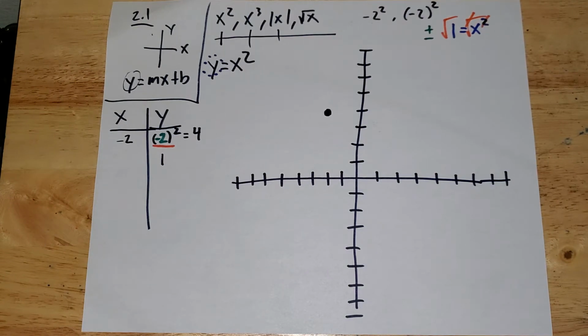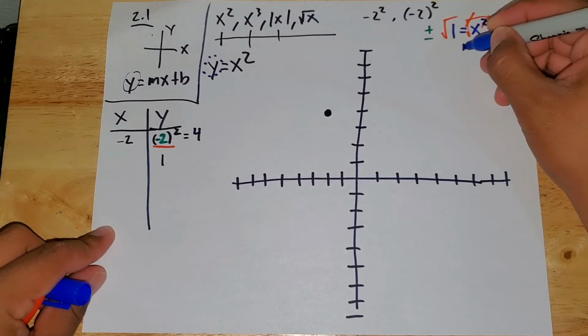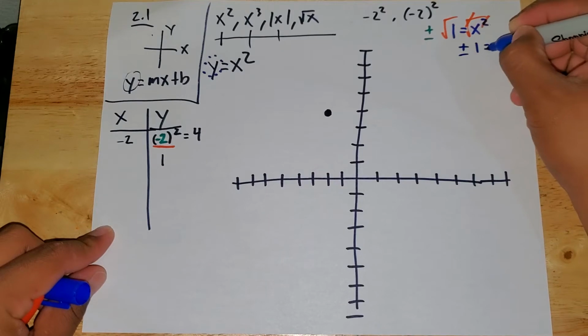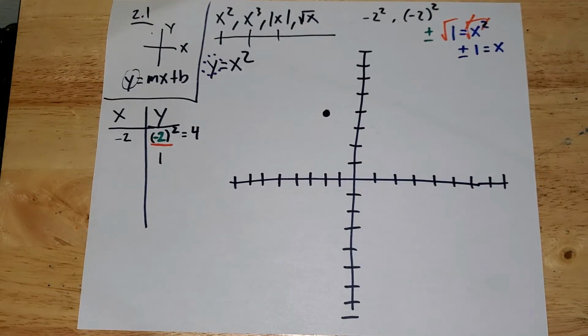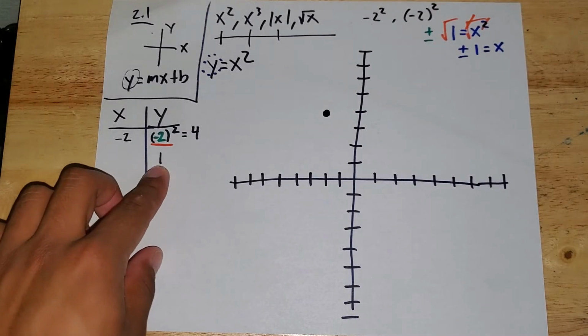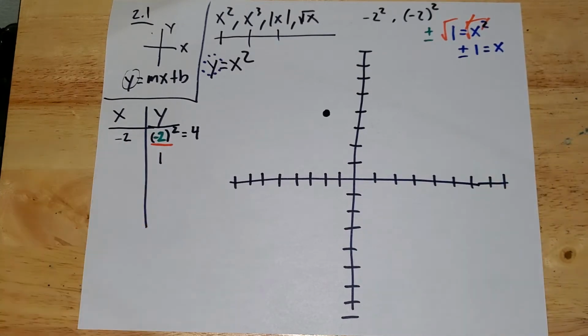So now this is getting a little trickier. So what that ends up being, we know the square root of 1 is 1. But now I have this plus or minus. So I have plus or minus 1 is equal to x. So that's saying when I use positive 1 for y, I get 2 different x's.